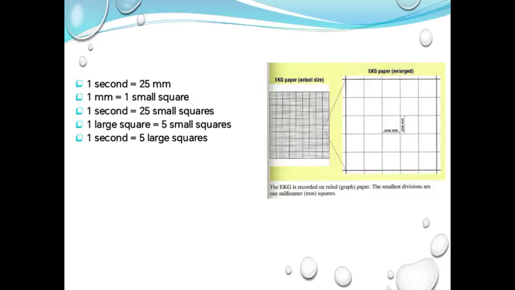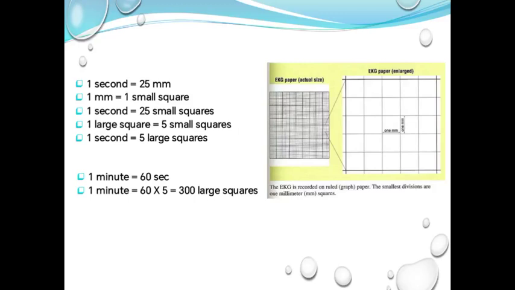See, this is clear and simple. So you know 1 minute equals 60 seconds. We multiply 60 by 5, and this gives us 300 large squares.